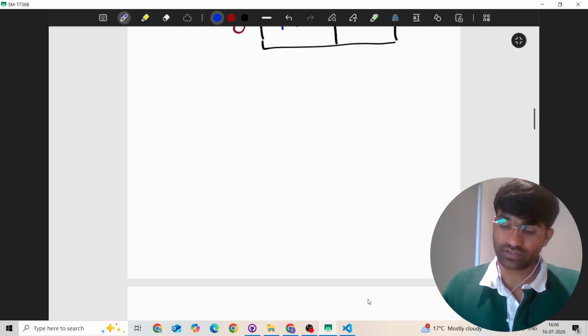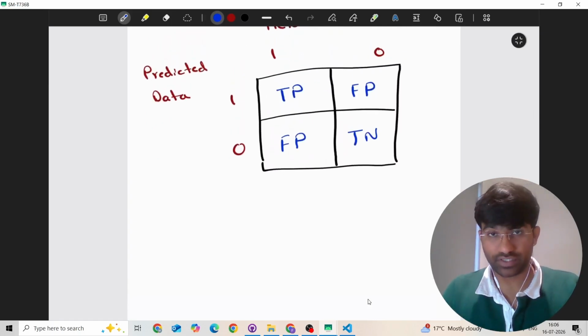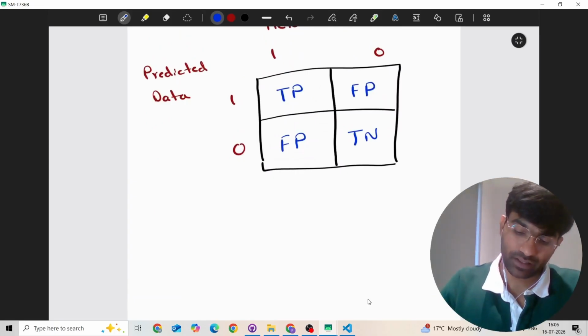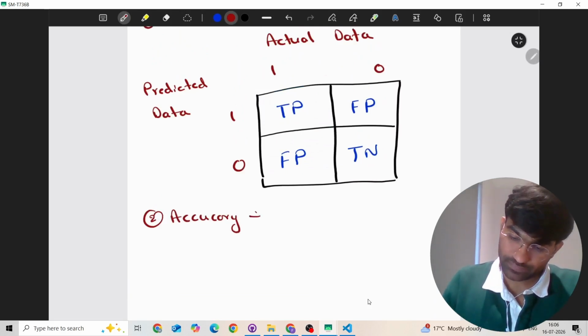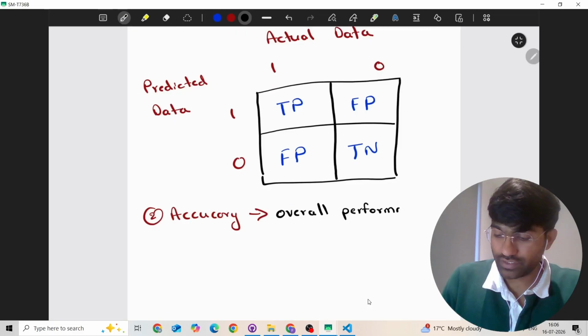Based on this confusion matrix, we will derive the formulas for accuracy, precision, recall, and F1 score. So let's start with accuracy. Accuracy gives you the overall performance of the model.